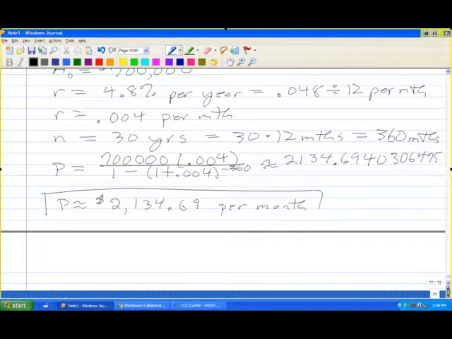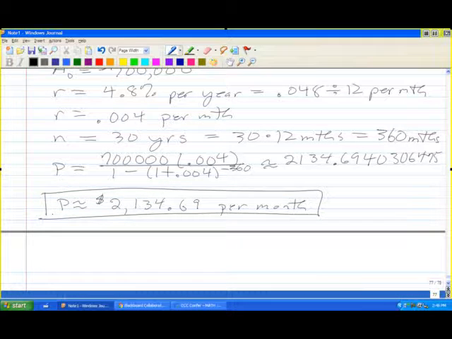And so that is approximately what your mortgage is, which is a relatively accurate amount.